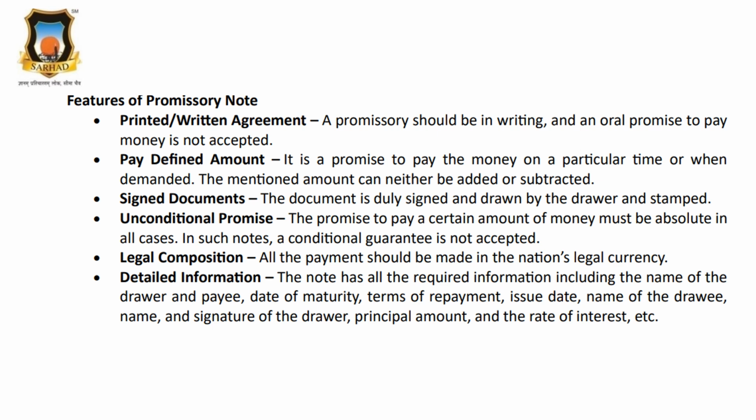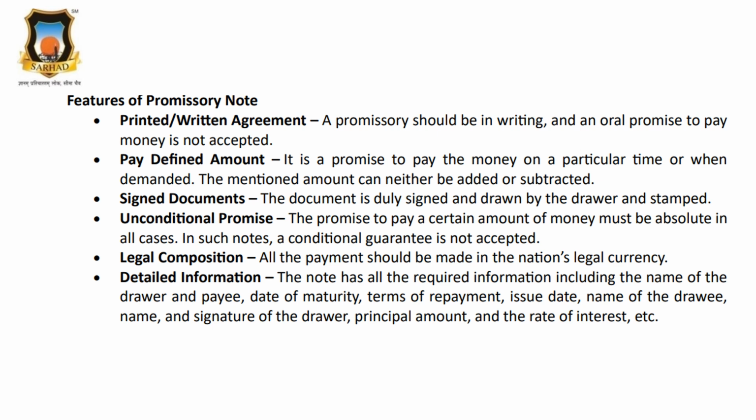The last one is that all the detailed information must be there on the promissory note, like date, maturity date, payment, signature, name of the drawee, name of the payee, signature of the drawer, and principal amount. It means you have to give a specific amount on that promissory note. I hope this is very clear now. The features of the promissory note.